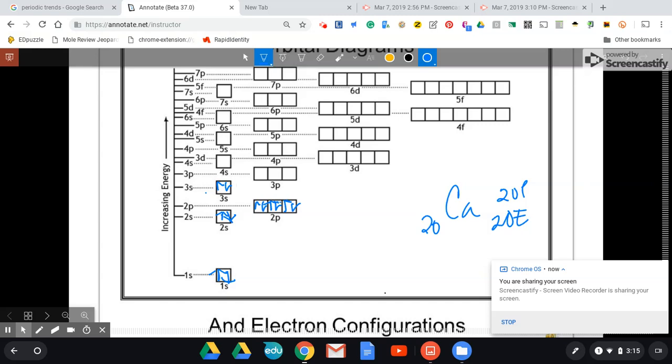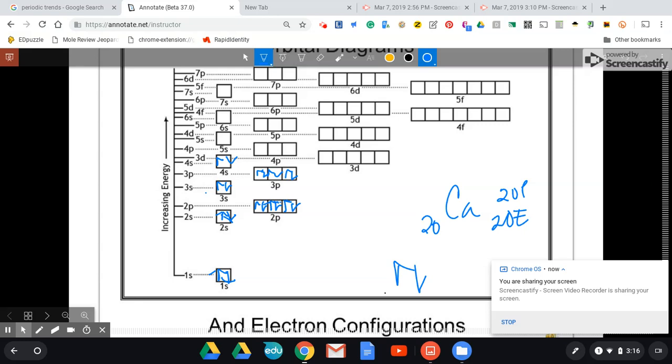So I'm going to go now to my p. Notice these are little arrows. They don't look like it because of the way I'm writing, but I'm trying to do little arrows. All right, so I'm at my 3p. Well, at 3p, I have 18 electrons, so I need 2 more. So that's why I'm going to stop here at my 4s.